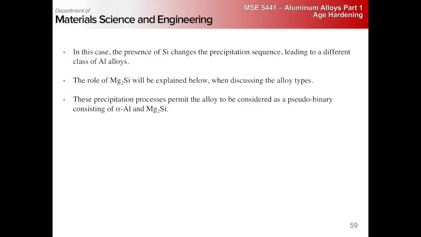Instead of our second intermediate phase nucleating heterogeneously from grain boundaries and dislocations, now we can nucleate on the GP zones, and this leads to a different class of aluminum alloys with very different properties. We'll talk about specific alloys a little bit later.